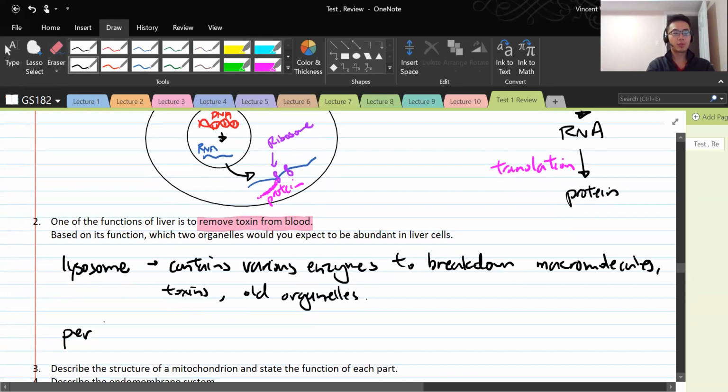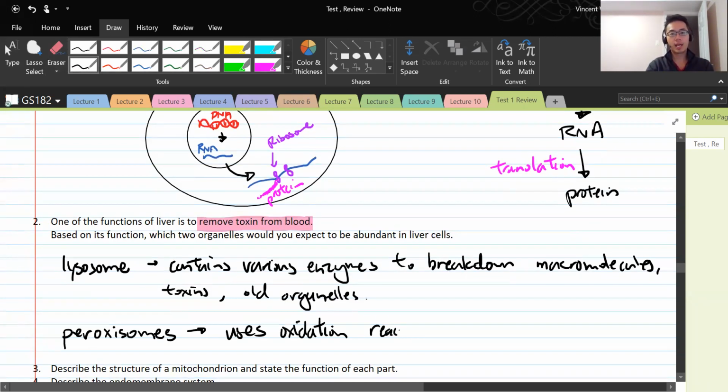The other organelle that you will see a lot is the peroxisome. Okay. Which uses oxidation reaction. You know what that means now. We just learned it on Friday. It strips electrons from things.